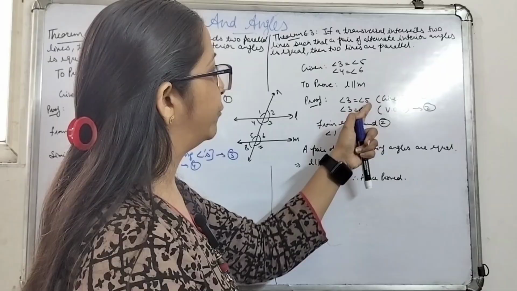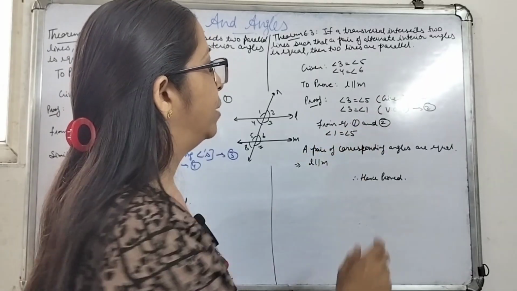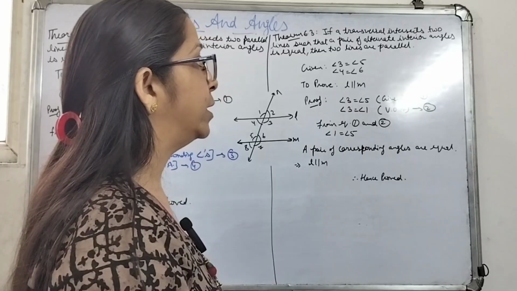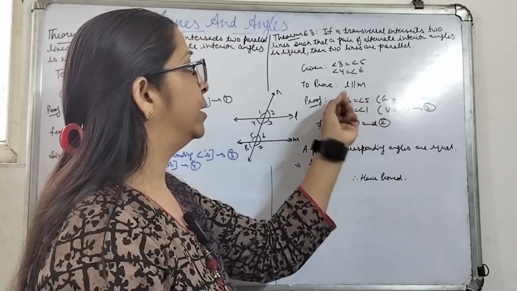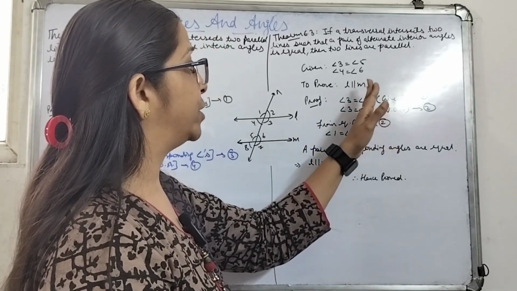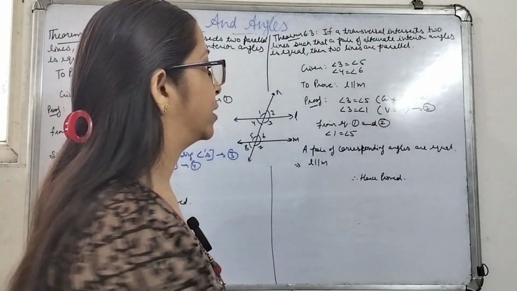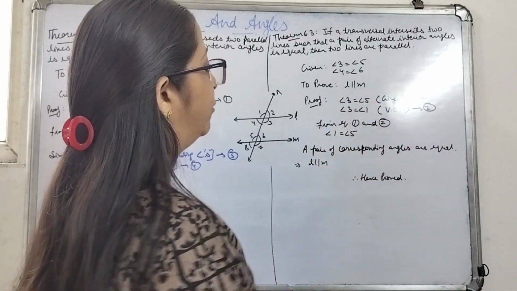So angle 5 will be equivalent to angle 1, because angle 3 was equivalent to angle 5 and angle 3 was equivalent to angle 1. If two things are equal to the same thing, then they will be equal to each other. So angle 1 will be equivalent to angle 5.